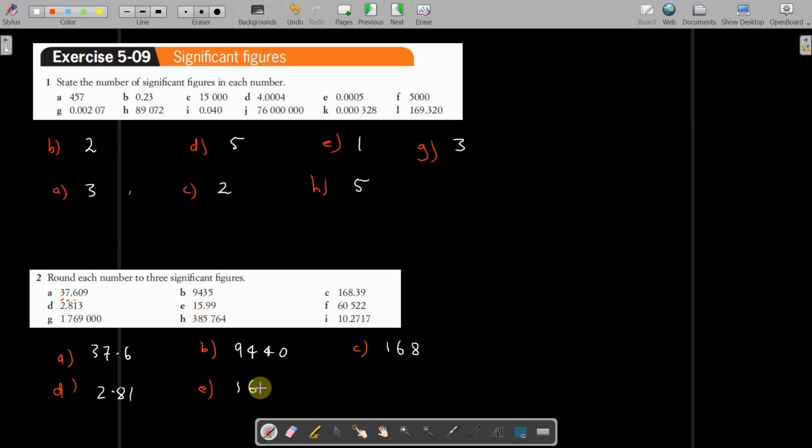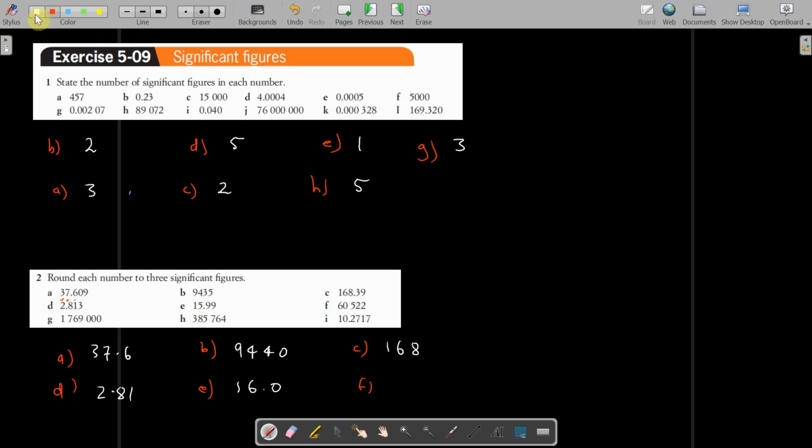So it'll be 16.0. So let's be careful of that one with the 9s because the rounding up carries forward. 1, 5, that's the first 3, 1, 5, 9. But you have to round it up and that would take it up to 1.6 here. 3 significant figures still, that's what we want, that's all good.